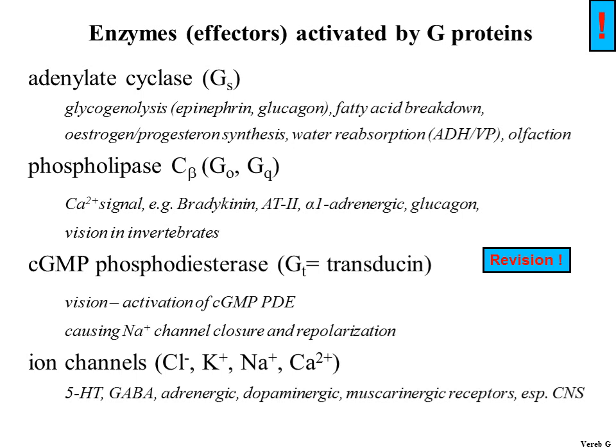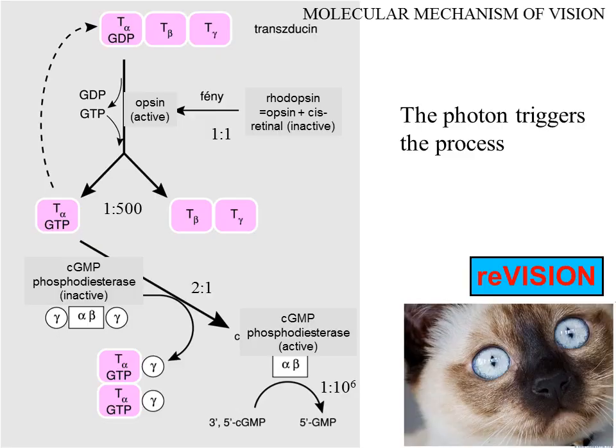So on the next slide, then I'm going to explain vision briefly. So here is your revision of vision. As you recall, you learned about a protein called transducin, which really is a trimeric G protein made of alpha, beta, and gamma subunits, the alpha binding GDP.